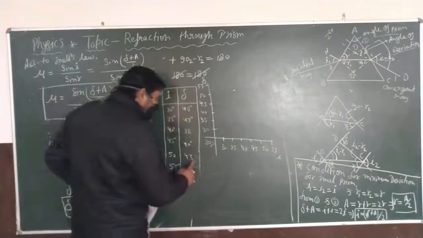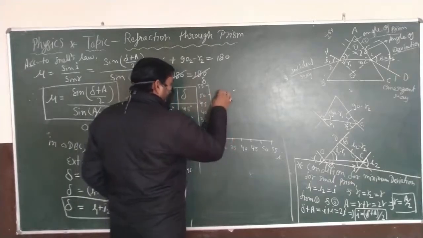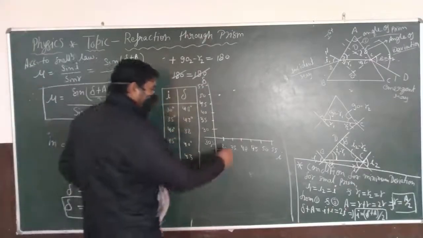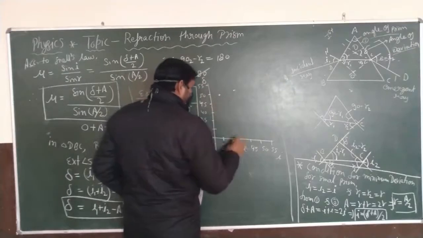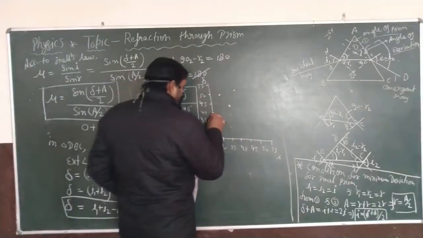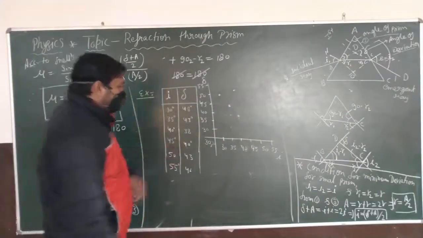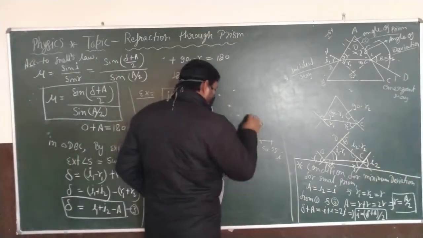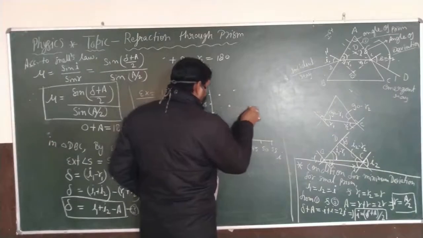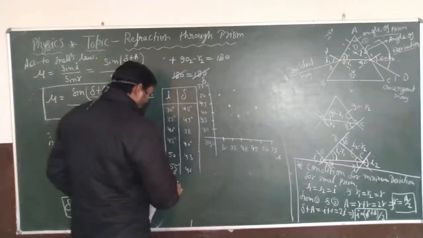So at 30 degrees, this is about 48. For 35 it is 43. For 40 it is 38. And for 45 it is 40. Fifty is 43. And for 55 it is 46.